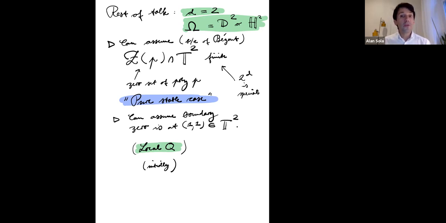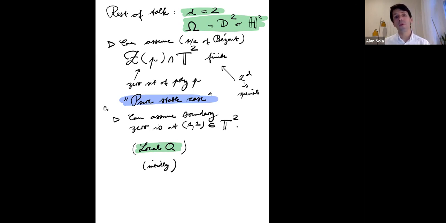So because of Bezout's theorem, I can reduce to the case where P has finitely many zeros on the distinguished boundary. And in order to make the question interesting, we're typically going to assume that there are such boundary zeros.